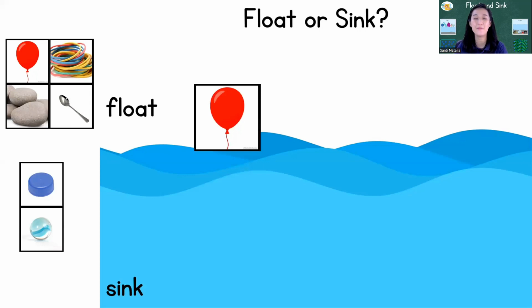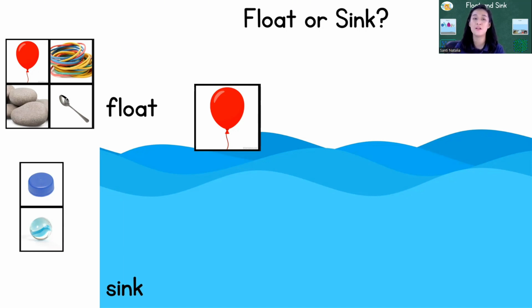Yes, you can take the balloon's picture and paste it on the top. It's floating on the surface of the water. Floating. Because the balloon is less dense than the water.